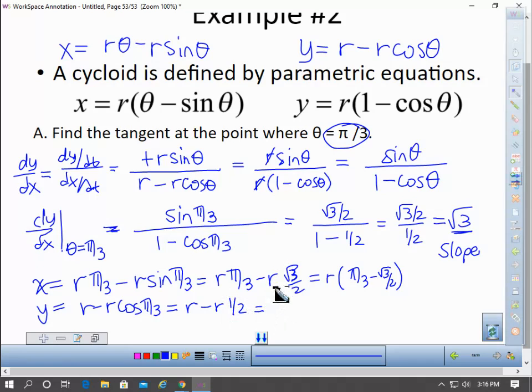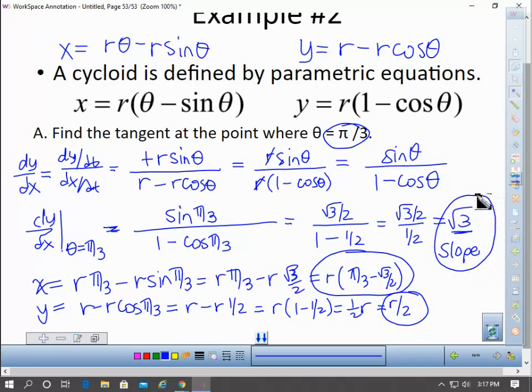So again, if you want to take out the r, you can factor out the r to be 1 minus 1/2, which means our answer is 1/2 r, or r over 2, however you want to write it. All right, so this is your x coordinate, this is your y coordinate, and here's your slope.